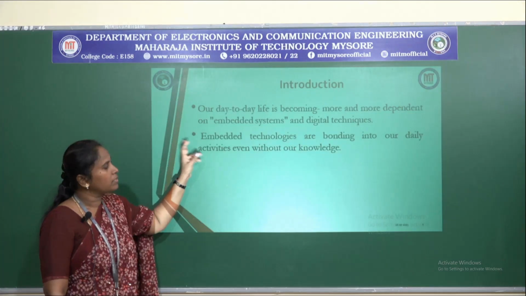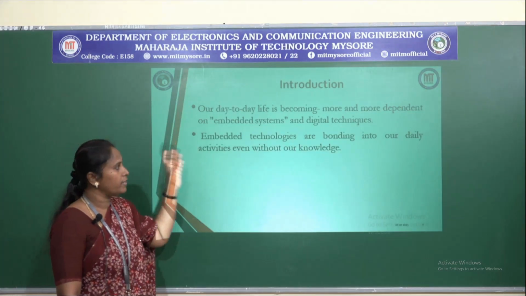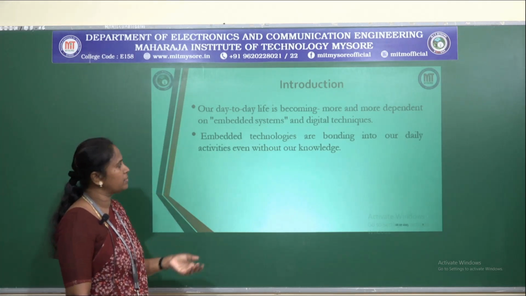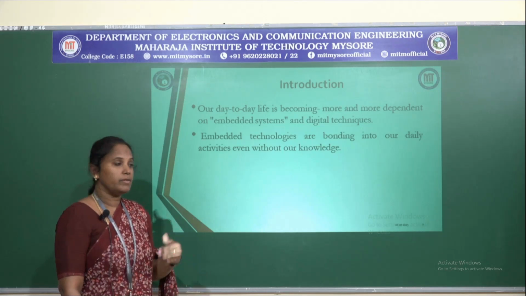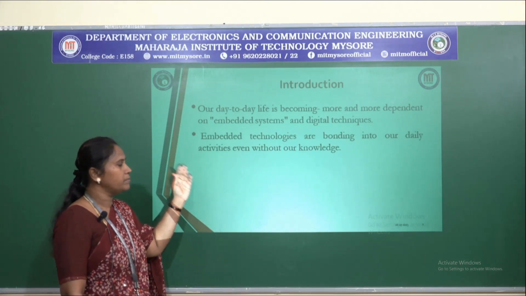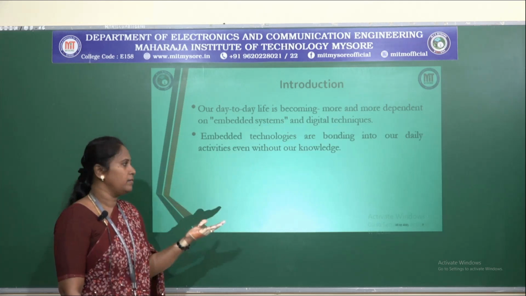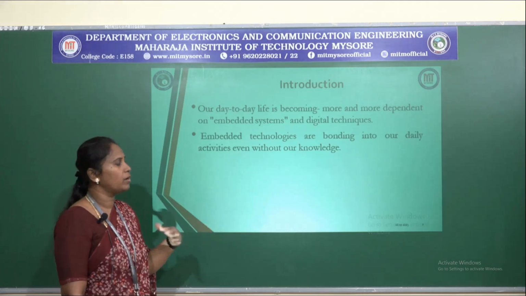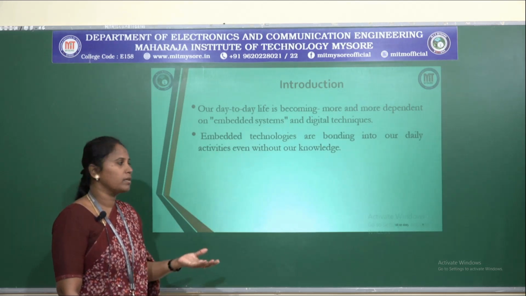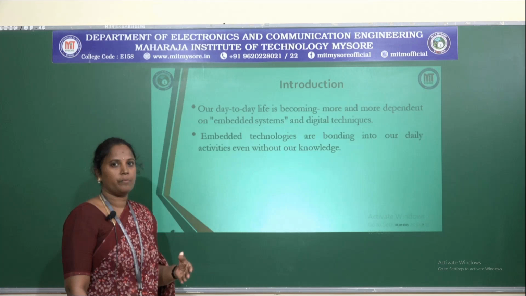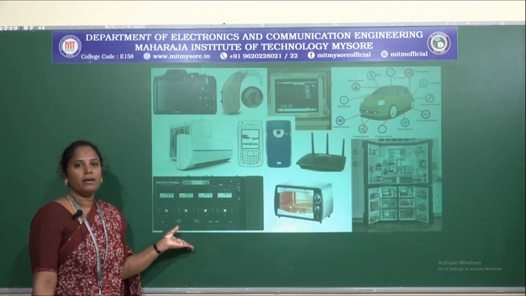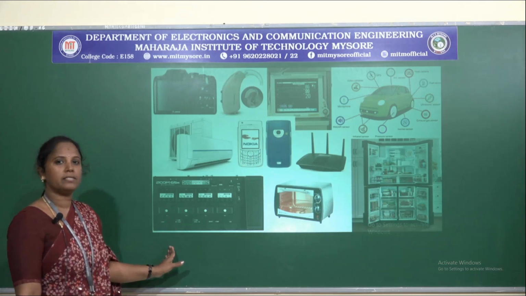Embedded systems have different technologies implemented with respect to any given embedded system. With or without our knowledge, we use some embedded technology in a home automation system, or with respect to industry, or aeronautical or automotive, etc. So we have different types of applications where embedded systems are used.